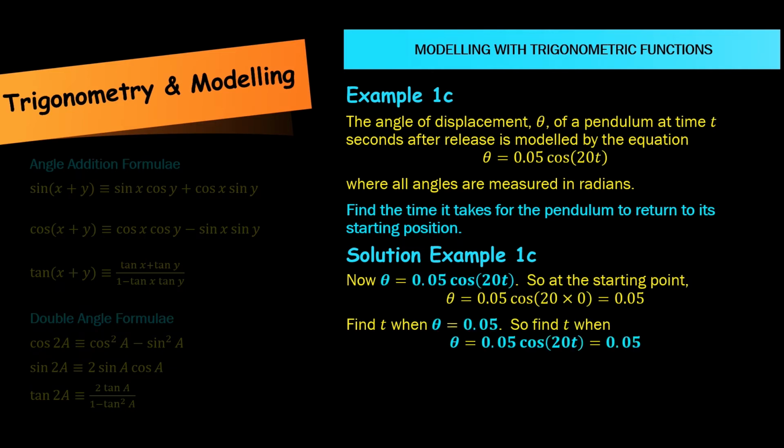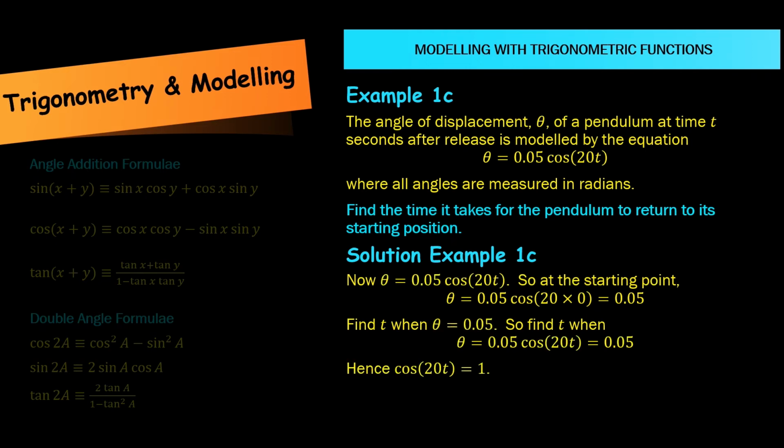And plugging this into our formula gives us that 0.05 cos 20t equals 0.05. And therefore, cos 20t equals 1.